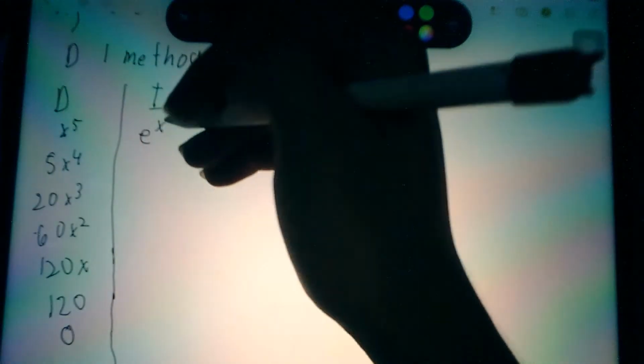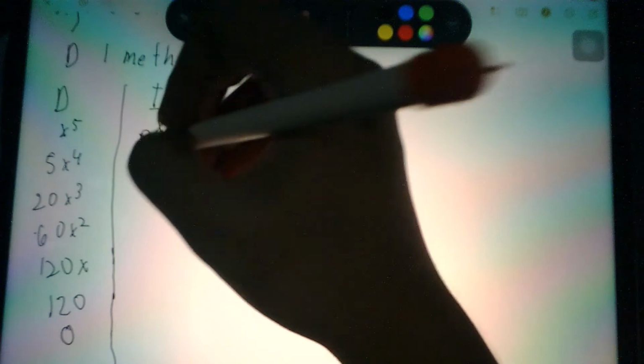Is 120x, and this is 120 and 0. And the integral of e^x here is just e^x.